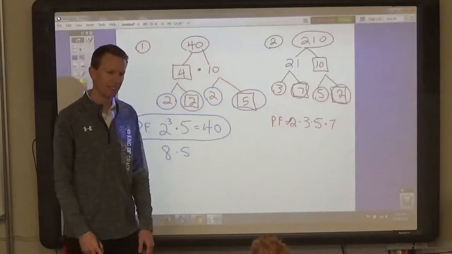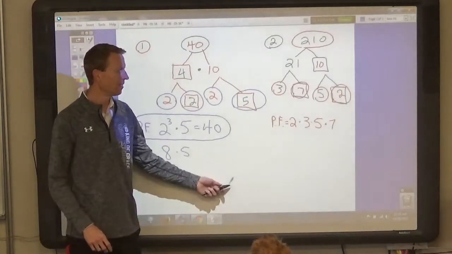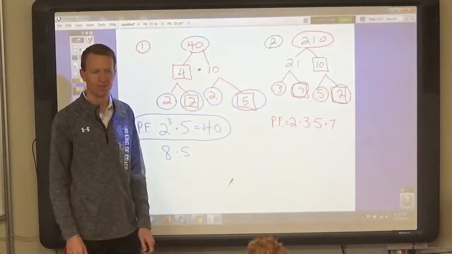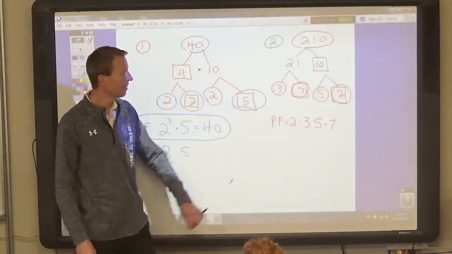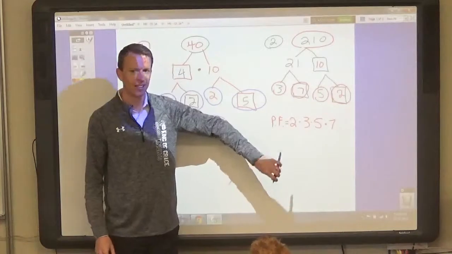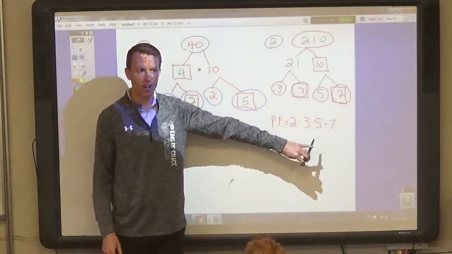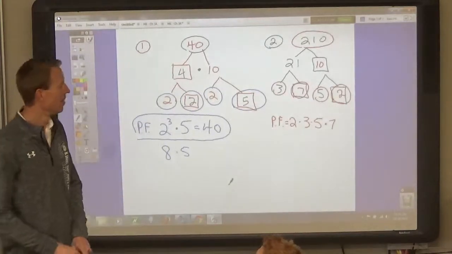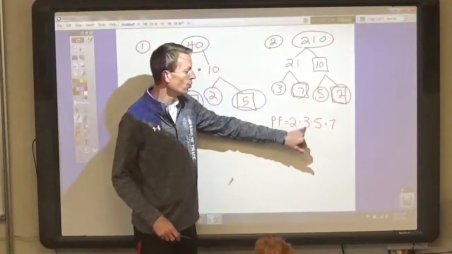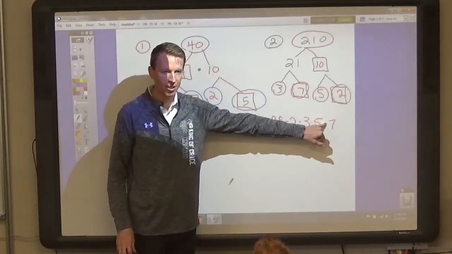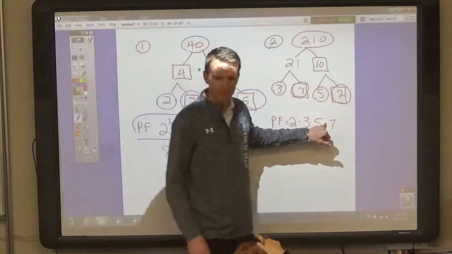What else? They're all lower than 10. Are they in order? Yeah. They're in consecutive order of the prime numbers, right? So 2, 3, 5, 7. What's the next prime number?